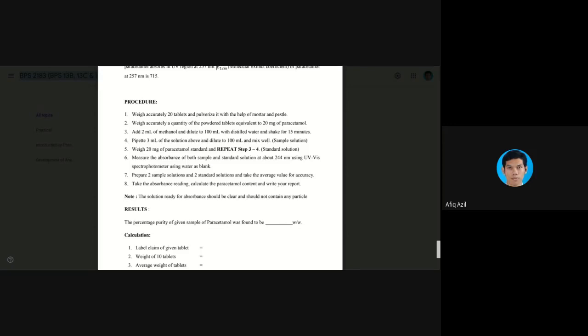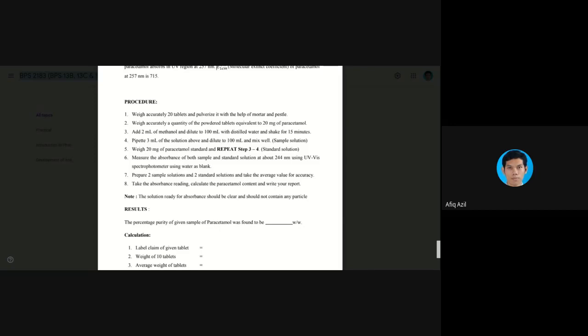So 20 is a good number for you to take an average, because this is considered to be sampling. If you want a result which can represent the whole batch that you are manufacturing, you cannot just test one tablet.